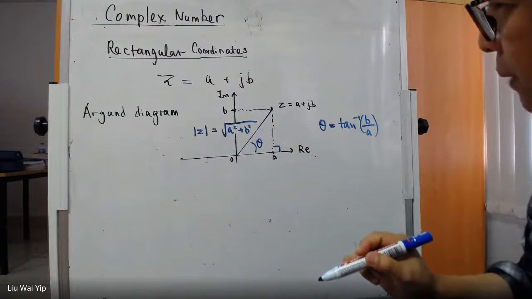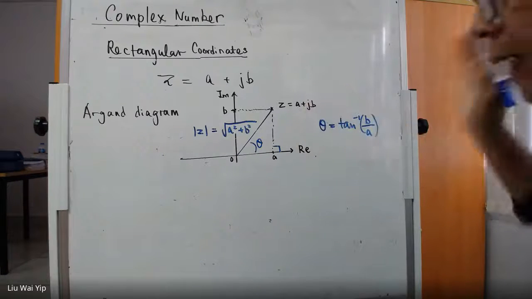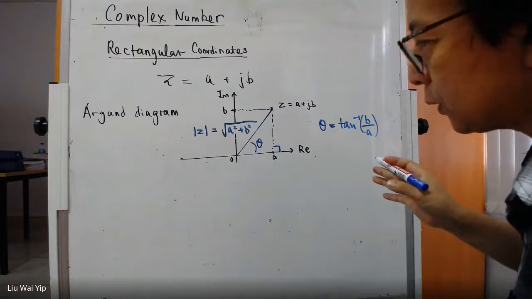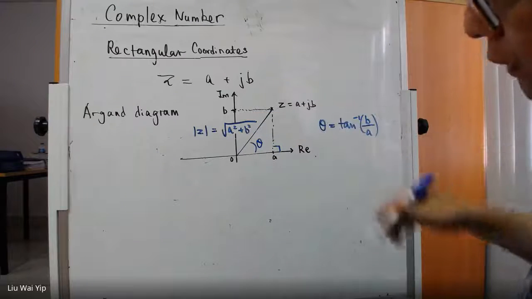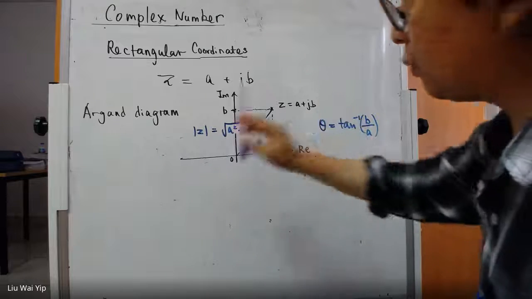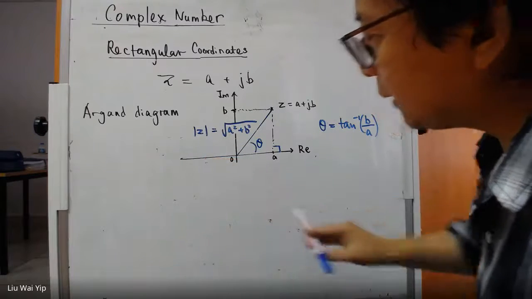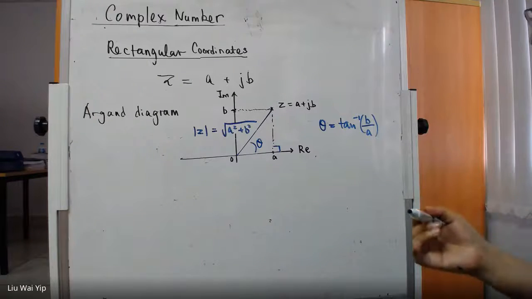So that's what we can get. There is special terminology for the complex number. The Argand diagram is one, and for the absolute value of Z, we also have a special terminology.